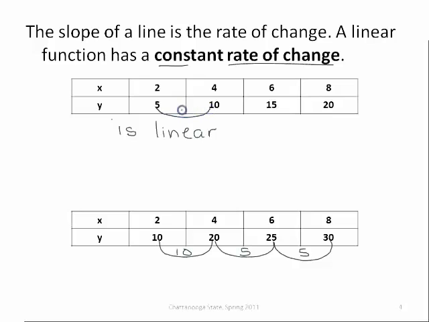For it to be linear, that difference would have to be the same all the way across. So this function down at the bottom is not a linear function because this is different from the other two.